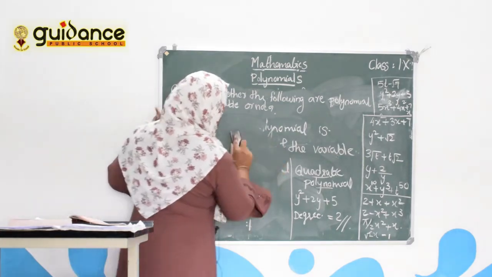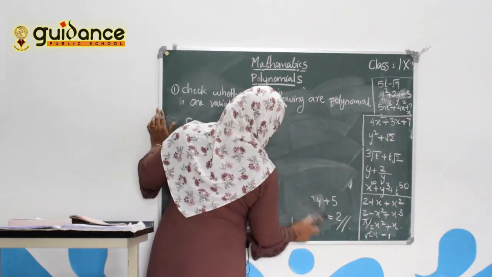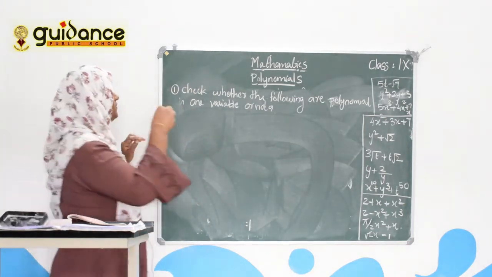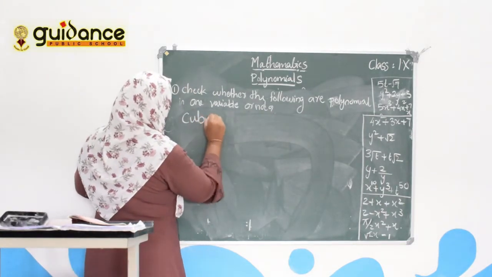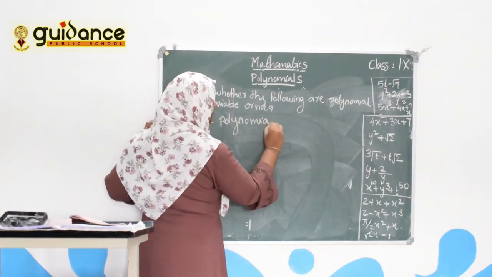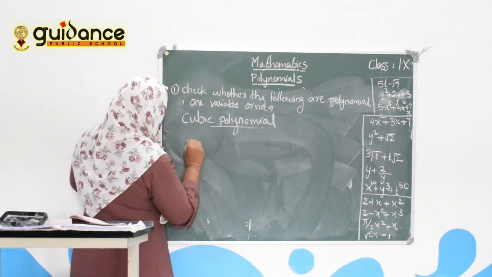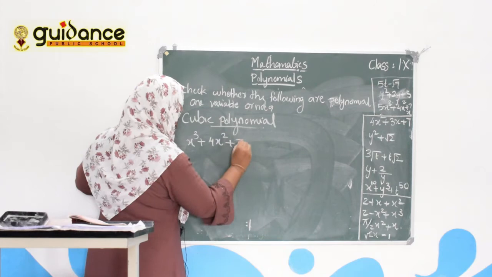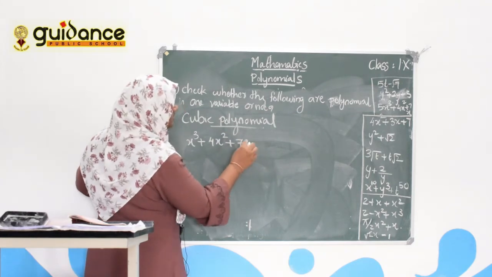Then a polynomial of degree 3 is called a cubic polynomial. For example, x cube plus 4x square plus 7x plus 7.